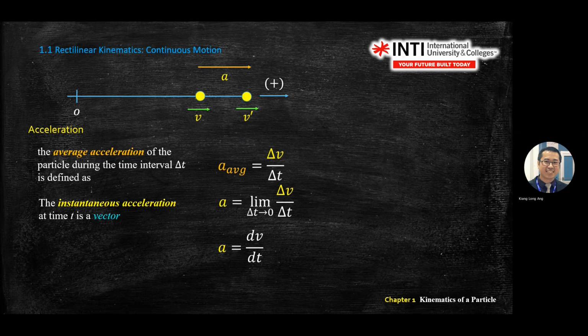Make sense? So there are two approaches. Sometimes the question does not give you v, it gives you s. This is another door for you to solve.